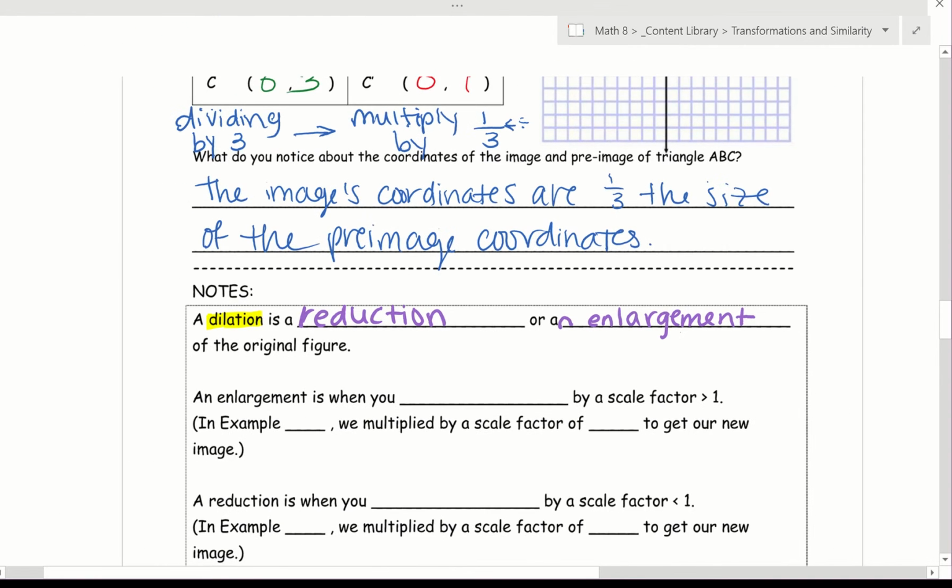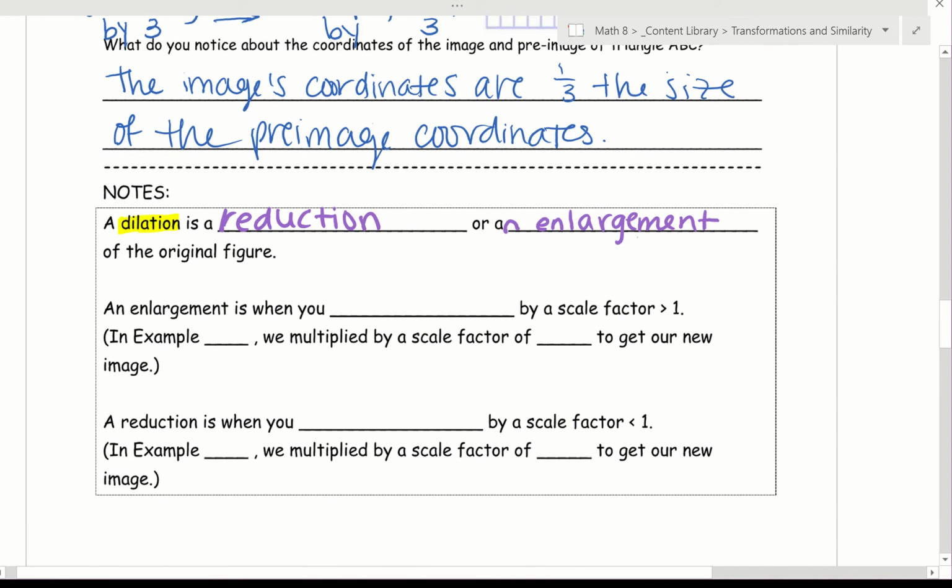An enlargement means that you get bigger by a scale factor greater than 1. Remember, this sign means greater than 1. So that was like in example 1, where we multiply by a scale factor of 2 to get our new image.